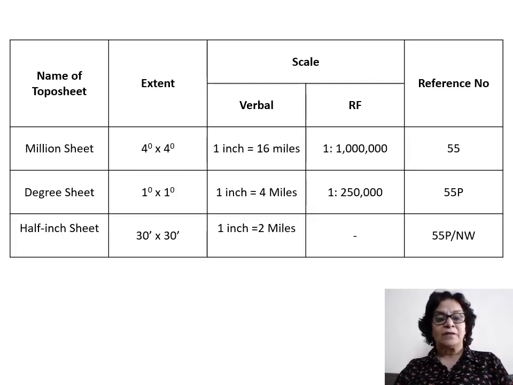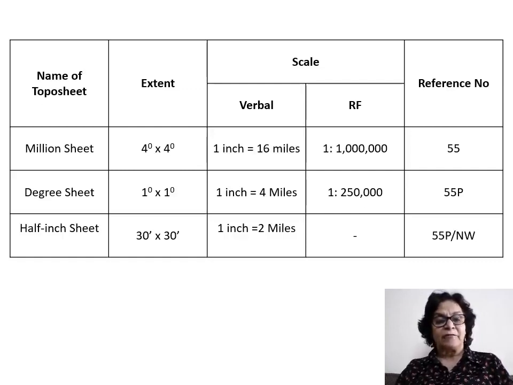Then the second one, the degree sheet, the extent is 1 degree by 1 degree, and the verbal scale and RF is given, that is 1 inch is to 4 miles or 1 is to 250,000, and the reference number is a number with a letter, 55P.